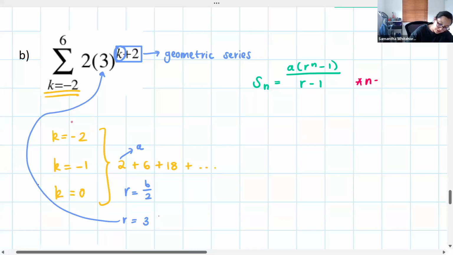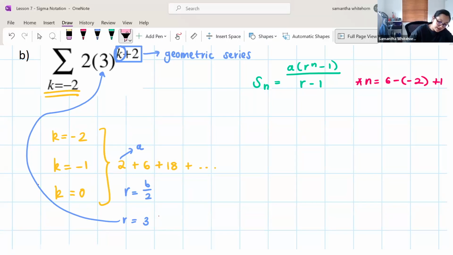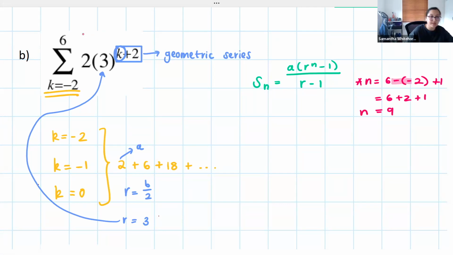So remember, n is top, so 6, minus bottom, minus -2, plus 1. Remember, whenever we have this negative situation, it's actually a positive. So we've got 6 plus 2 plus 1, which is 9 terms. Makes sense. I'm going from -2 to positive 6. It should be more than 6.